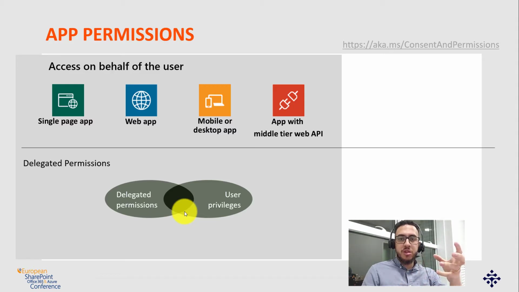But also in SharePoint we have the user permissions. So if Douglas doesn't have permission to that list, even if I gave it to the app, it doesn't work, because we are doing things on behalf of the user, and there is an intersection. We just use the permissions that are on both sides. Okay?